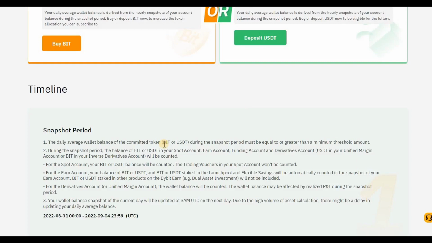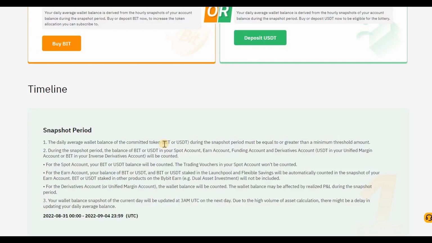The way the snapshot works is that your BIT balance or USDT balance is going to be calculated whether it is in your spot account, your derivatives account, funding account, or your earn account. So as long as you have USDT or BIT token in your account over a period of time, about 5 days, then you would be eligible for this event.